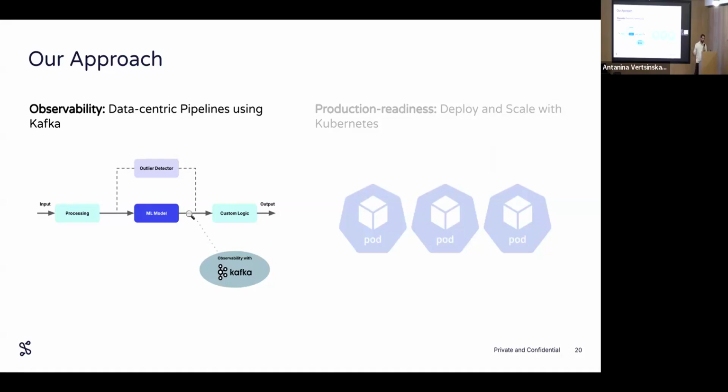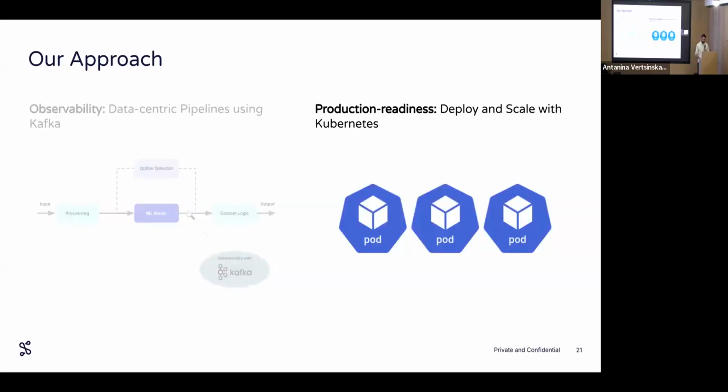And with that product, we enable the deployment of complex applications that include the ability to deploy individual models, but also the ability to create complex applications with modular components around those models. So that includes the ability to set up pre-processing and post-processing steps, the ability to add monitoring components, and all of that is built in a way where you have Kafka under the hood, streaming the data that's being communicated from component to component in real time.